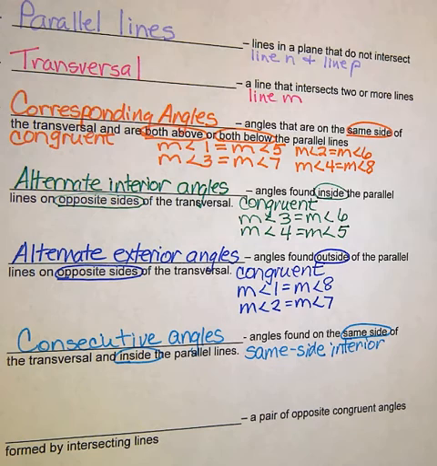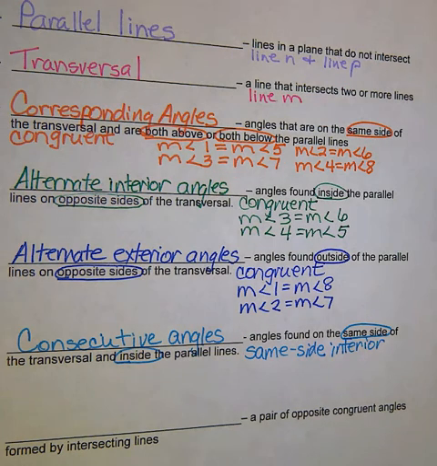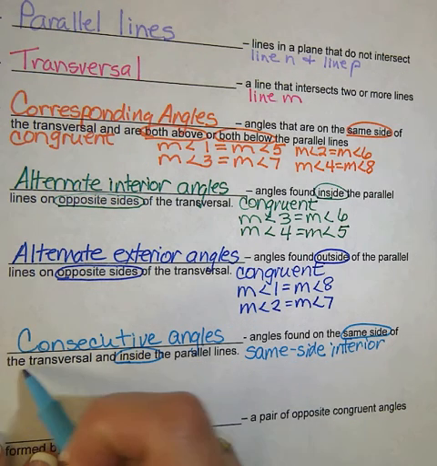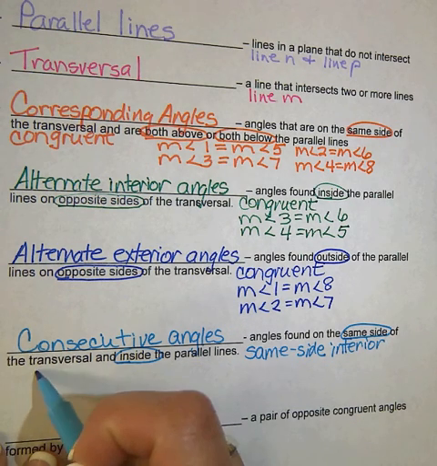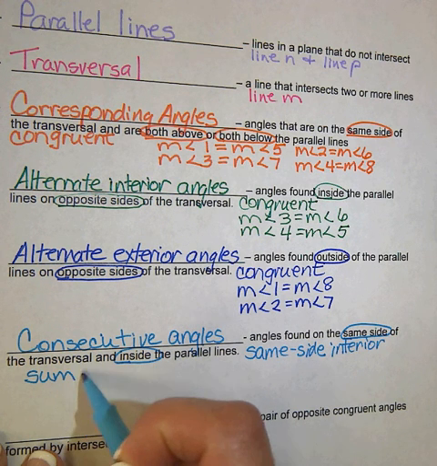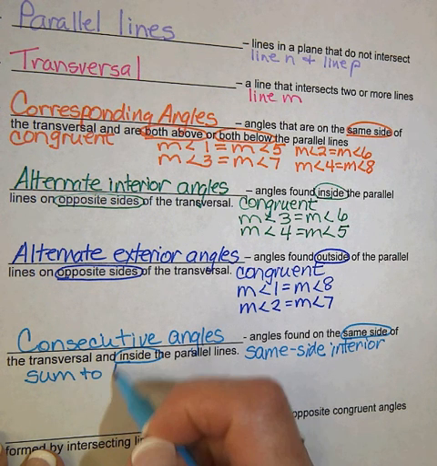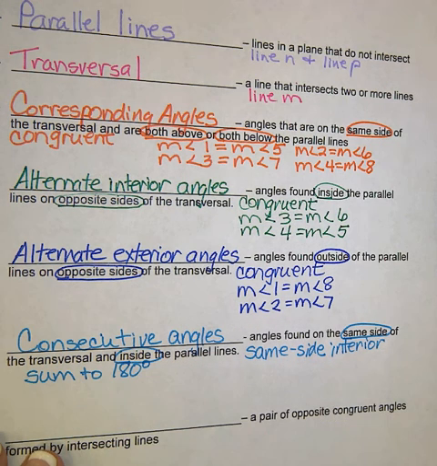So both of those terms are used. And these are actually not congruent. Instead, consecutive angles sum to 180 degrees, which is also known as supplementary.